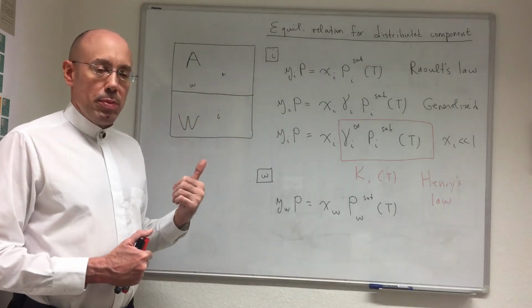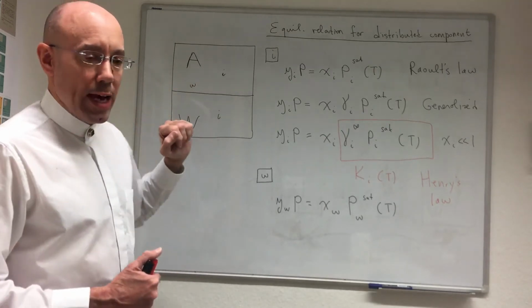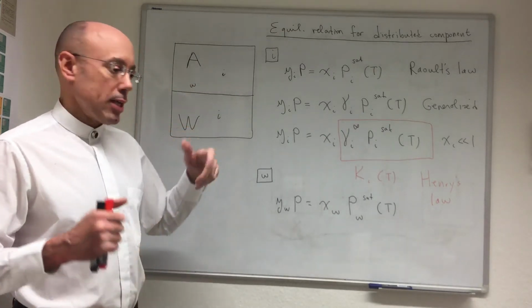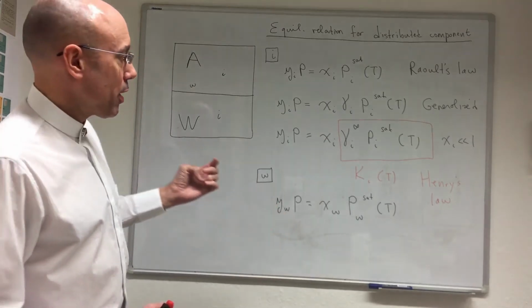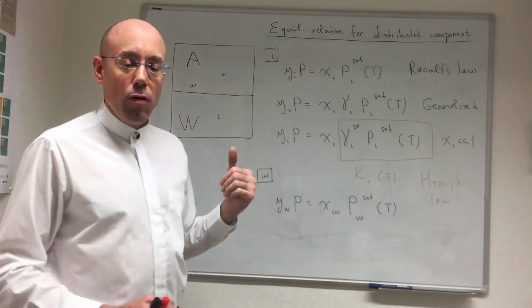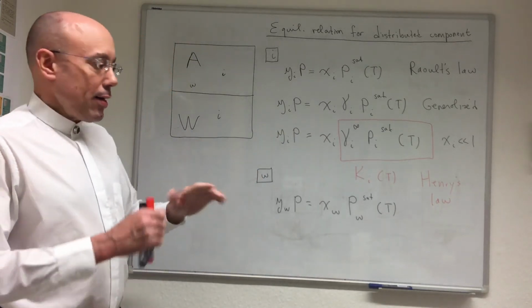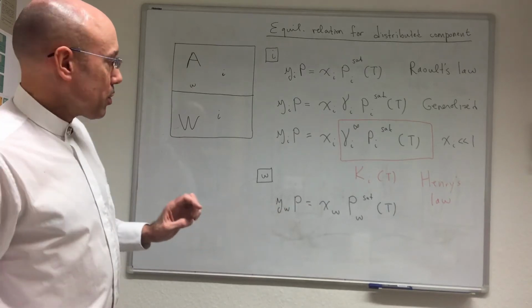Certainly the component that's being absorbed is a distributed component. It's present both in the gas phase and the liquid phase because that's what we want. We want the liquid phase to pick some of it up. So we have to write down either Raoult's law or Henry's law for the component that we're absorbing. And that's where you stop if you do the simplest version.